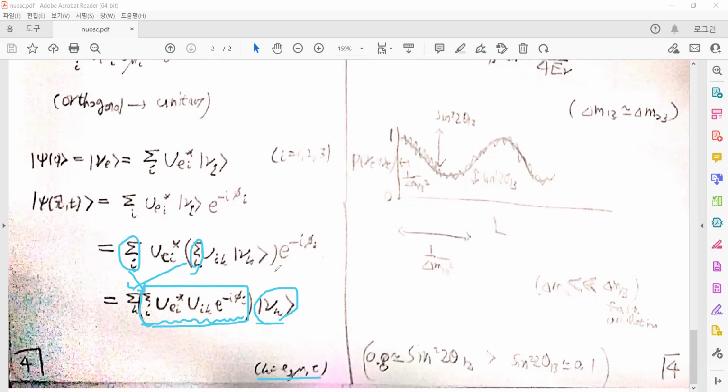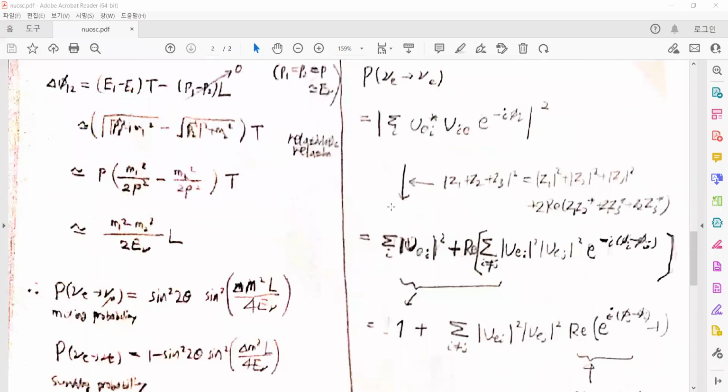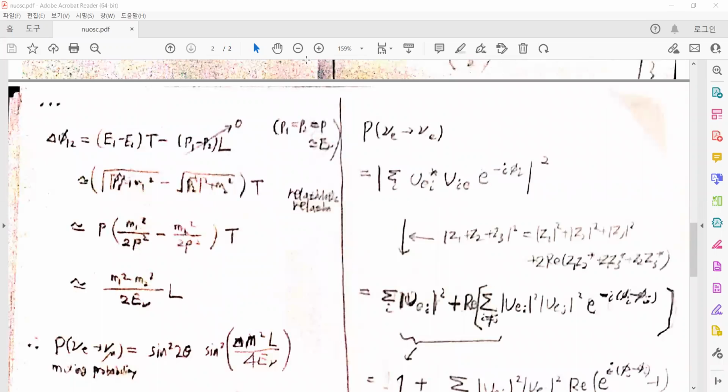So let's calculate the squares of these coefficients. For the case of the survival probability, we square the coefficients from the previous one, and we use such an identity of complex numbers. From this, we can obtain this, and from this, we can obtain this.